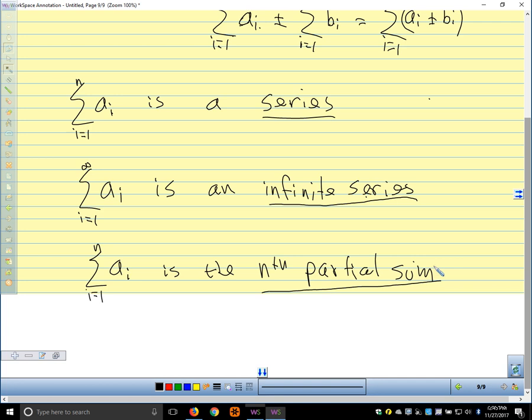If we add 20 terms together, we call that the 20th partial sum. If we add 36 terms together, we call it the 36th partial sum. Yes? I will eventually show you how to do it on your calculator, after we know how to do it by hand.